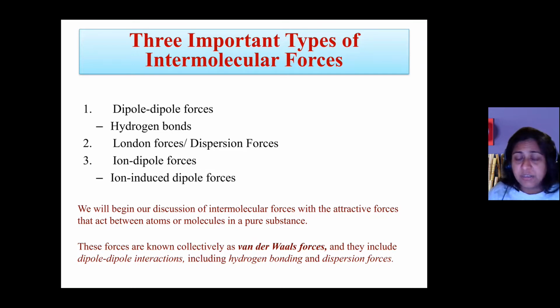We'll start our discussion with the intermolecular forces between the pure atoms and molecules in a pure substance. What is a van der Waals force? The van der Waals force is a collective term that can be used to collectively name the dipole-dipole interactions and the dispersion forces.